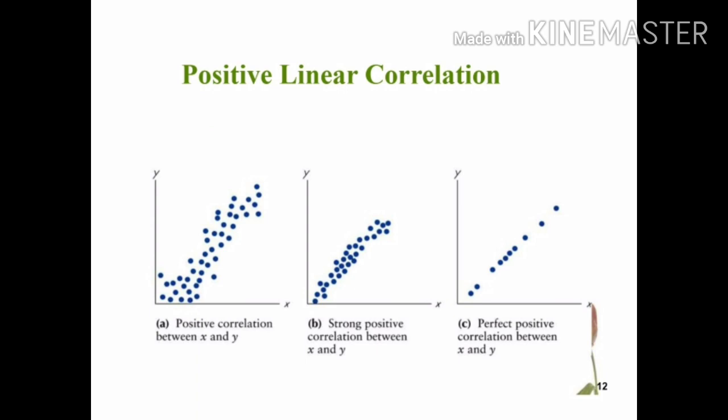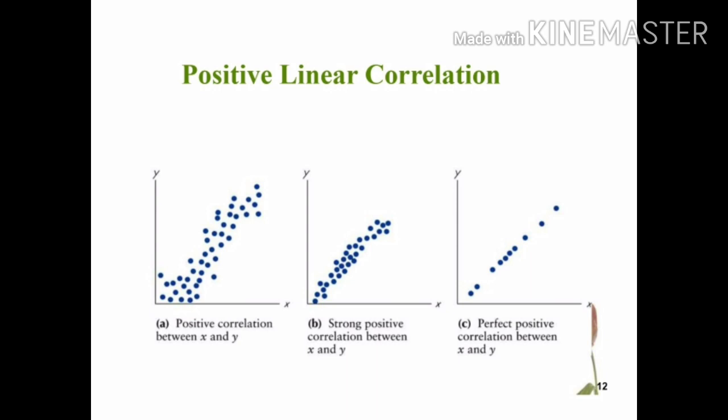Then, this is the graphical representation of positive correlation, strong positive correlation, and perfect positive correlation. We know that in a scatter plot, a dot represents a single data point, and when several data points are graphed, we can see a visual distribution of the data.